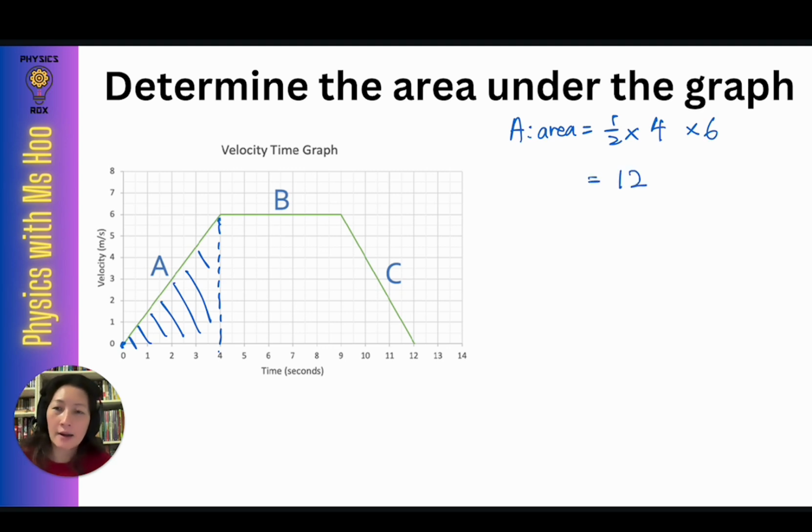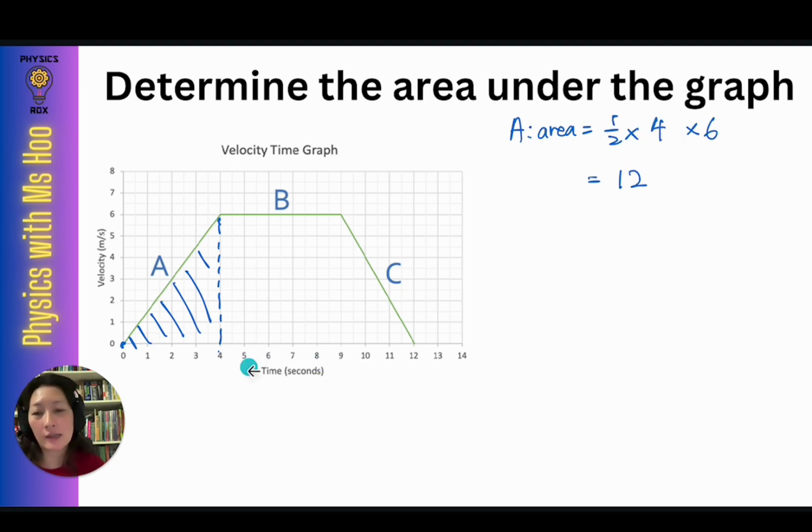Now, are there units for the area? Please don't say no. We've just learned that gradient has units. So that means area will also have units, right? Because in physics, we have units. So how do we figure out the unit? Again, we're going to use the unit based on the axis. So half base height.